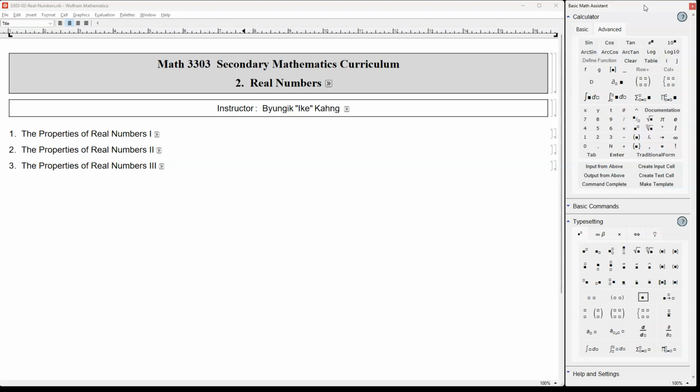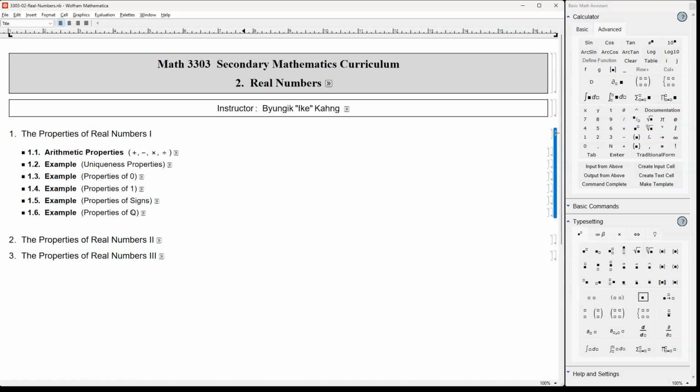By the way, in lesson 2, we are not going to try to define the real numbers or define the algebraic operations or things like those. And we're going to do those way later in the second half of the course.